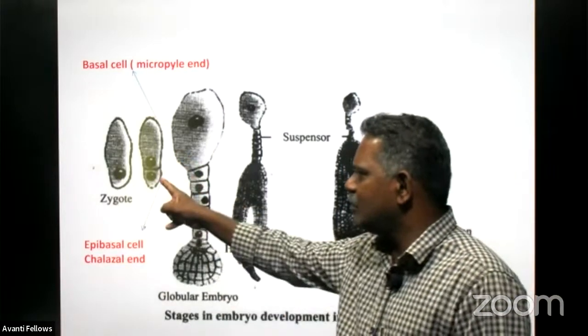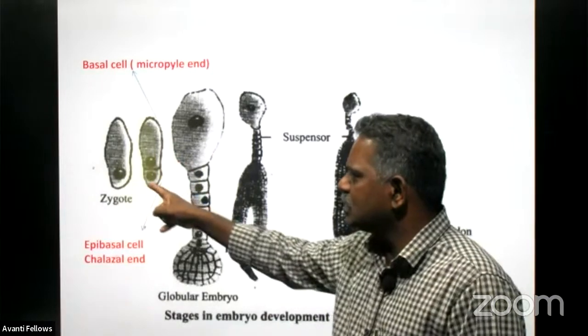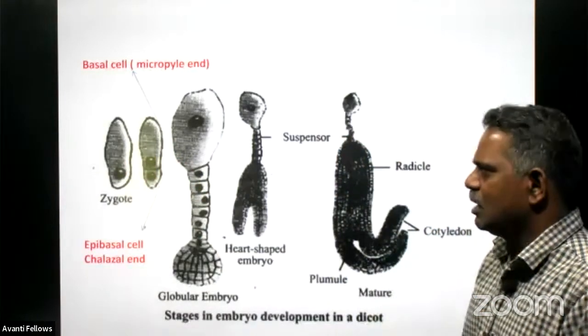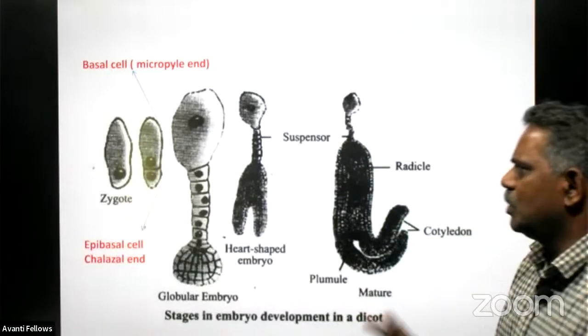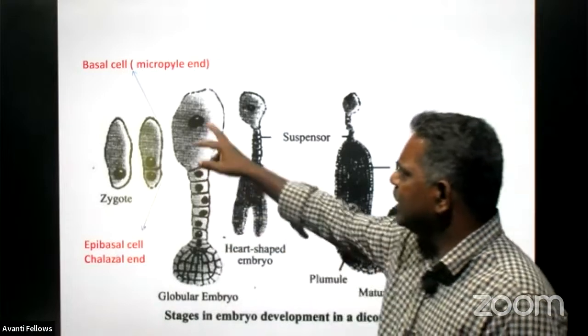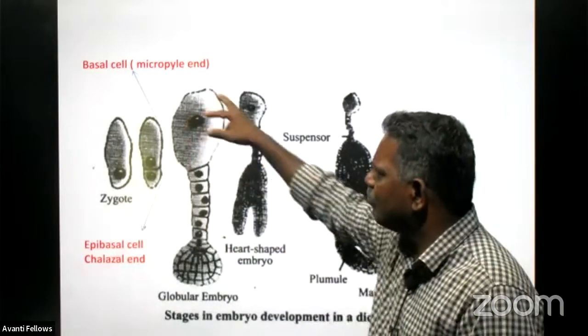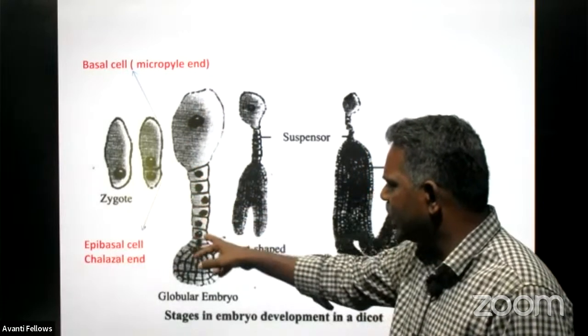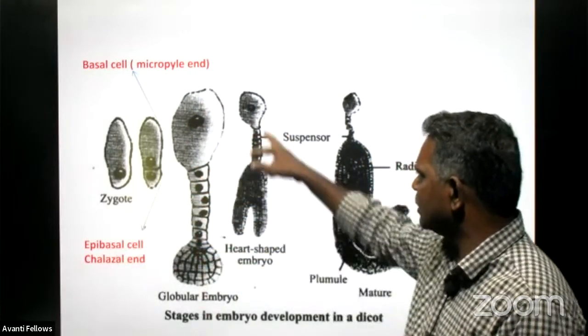Basal cell and epibasal cell are the two cells produced from the zygote after the first division, and this division is a simple mitotic division only. Later, that basal cell will never go for further division, whereas the epibasal cell divides and gets a structure like this, right?